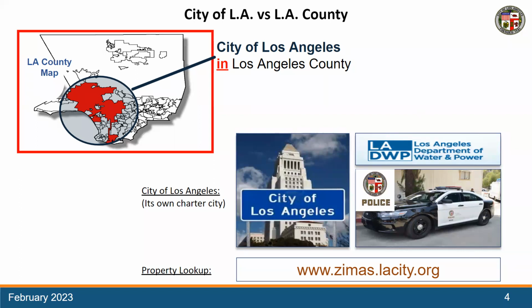In a couple of slides, we'll go over what that looks like, but that is a database that stores property profile information, and other departments read into different services that are located in the city. So if you utilize that website and populate your address and information appears, your unit is located in the City of Los Angeles.